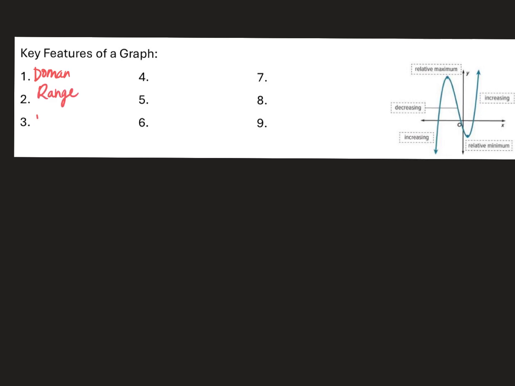The intercepts, where it crosses the x and or y-axis. Whether it has symmetry or not, that is a key feature of a graph. The end behavior, that tells you a lot about what's happening with that graph. The extrema tell you a lot about the graph.